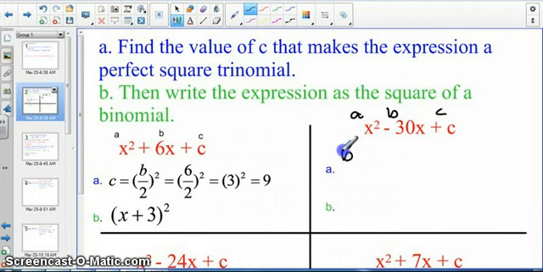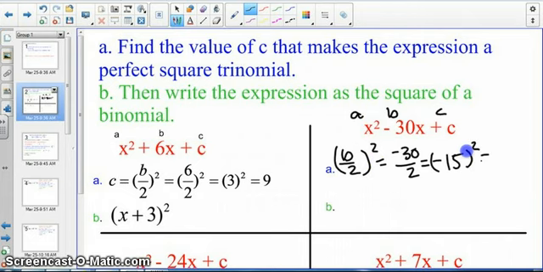So b over 2 and square it. So negative 30 over 2 equals negative 15. And then square that. Negative 15 squared is 225.